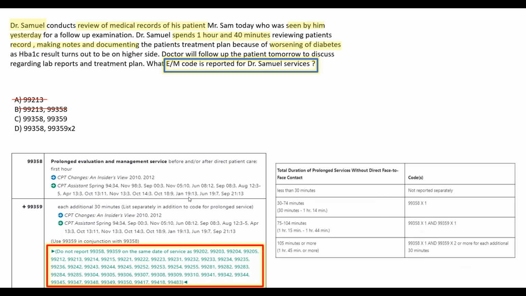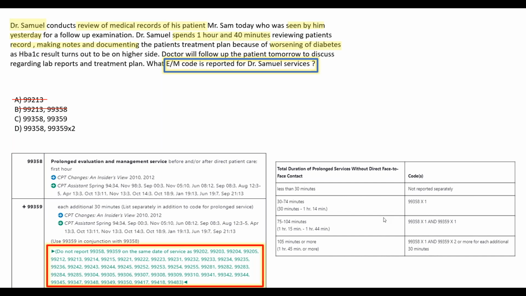So how much time do we have? We had Dr. Samuel who spent 1 hour 40 minutes reviewing patient's medical records, making notes and documenting them. So where does 1 hour 40 minutes fall in our prolonged visit table?